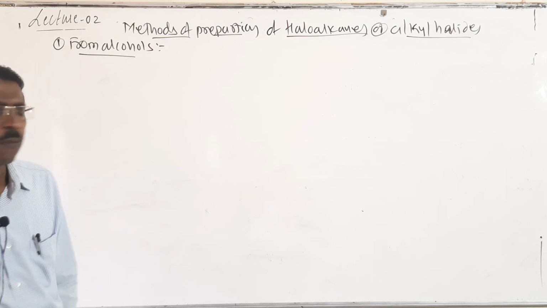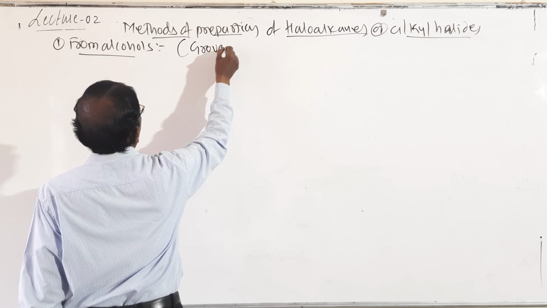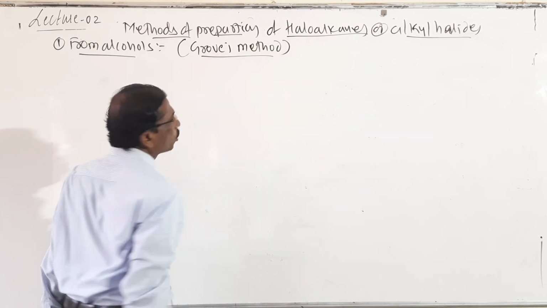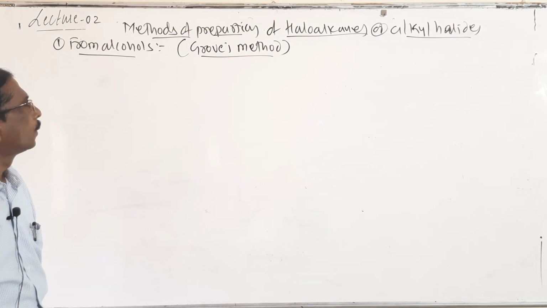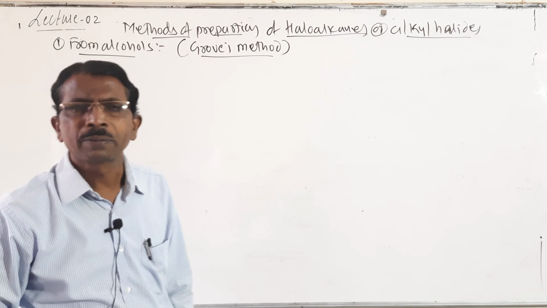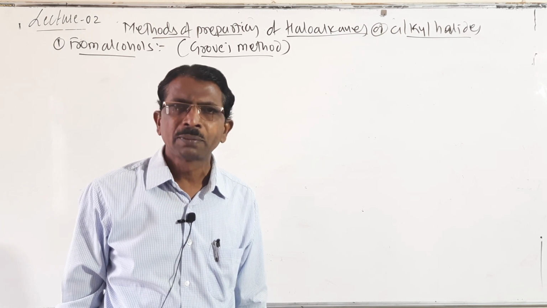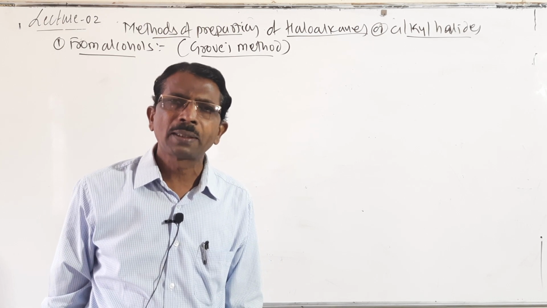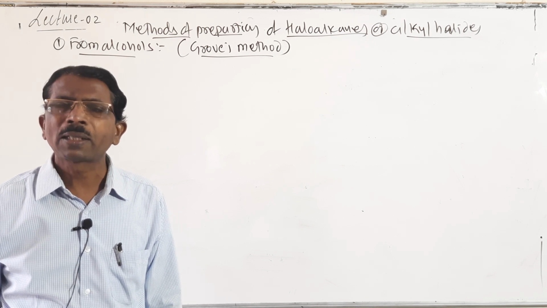So here the first one is also called the Groves method. What happens here? When alcohols are treated with halogen acids, meaning HCl, HBr, HI, in the presence of anhydrous zinc chloride, haloalkanes are formed.